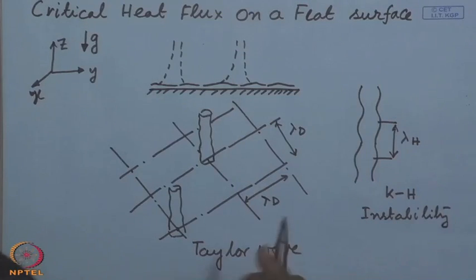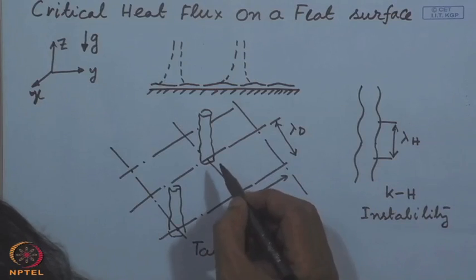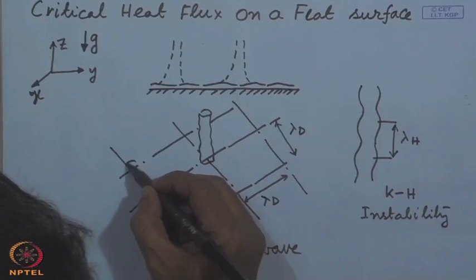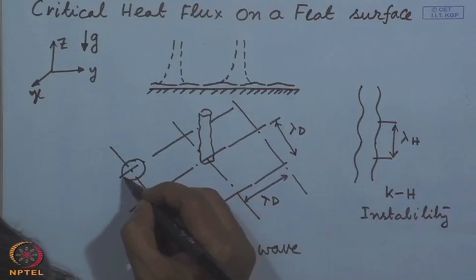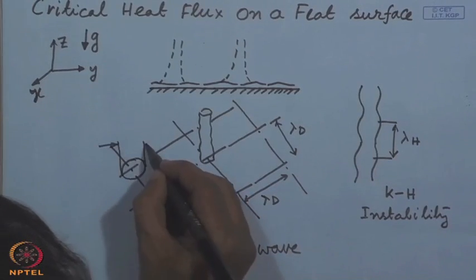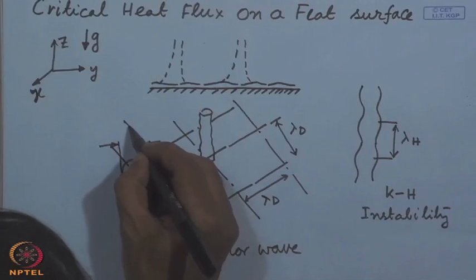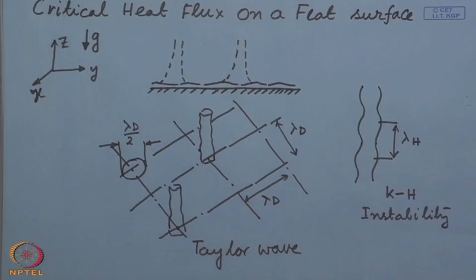Also, it has been seen that the jet diameter is given by lambda d by 2. So, more or less this gives an idealistic view of the boiling phenomenon when it is at the critical heat flux.